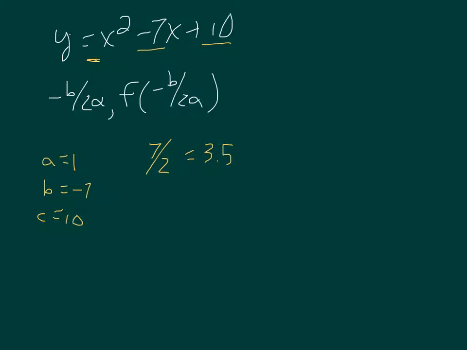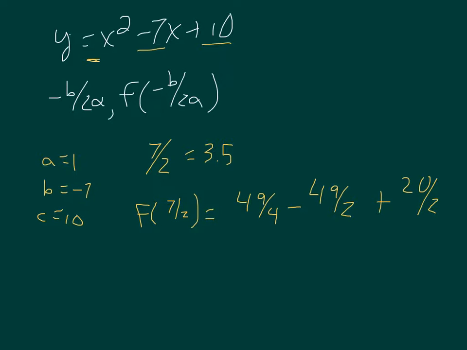So f of 7 halves gives you 49 over 4 minus 49 over 2 plus 20 over 2. From here I can put all of this over 4s.